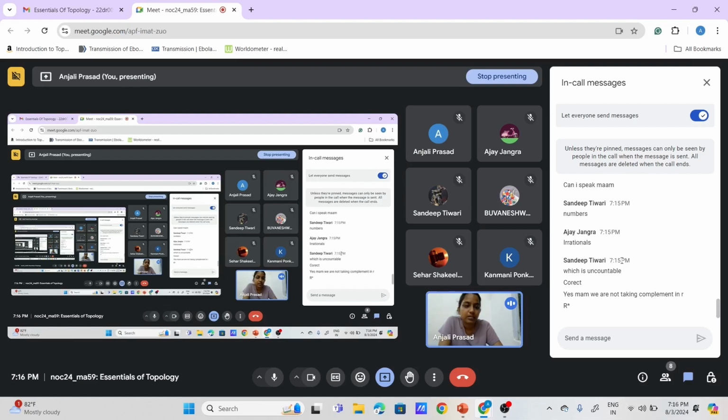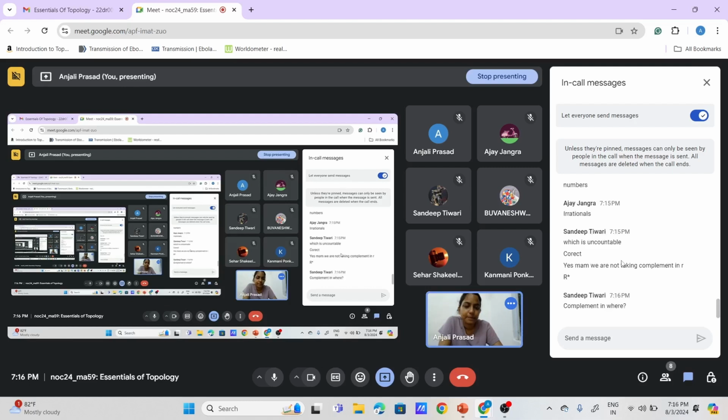Now, irrationals are countable. Complement in R. Complement in R. Pardon?